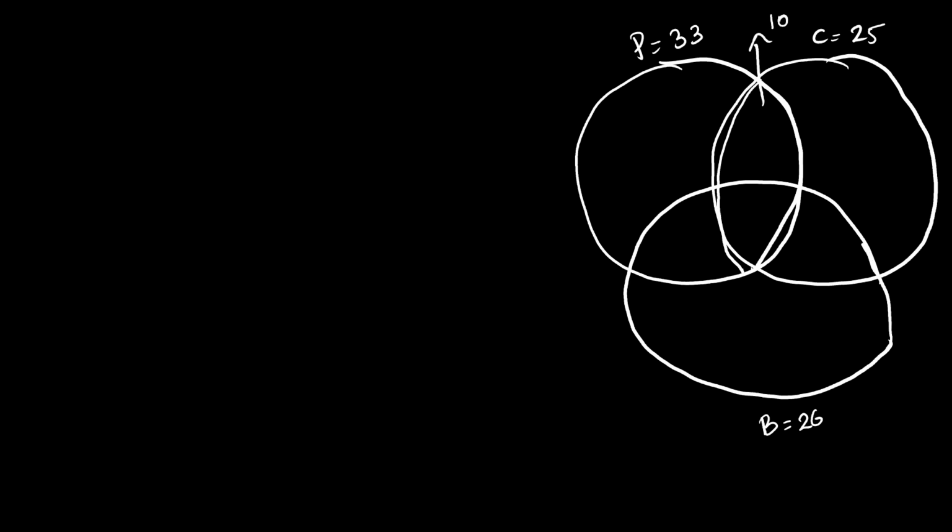Now chemistry and biology, this portion is 9 and biology and physics is 8. And there is a common portion, that is students studying all the three subjects. Let's take this as X.